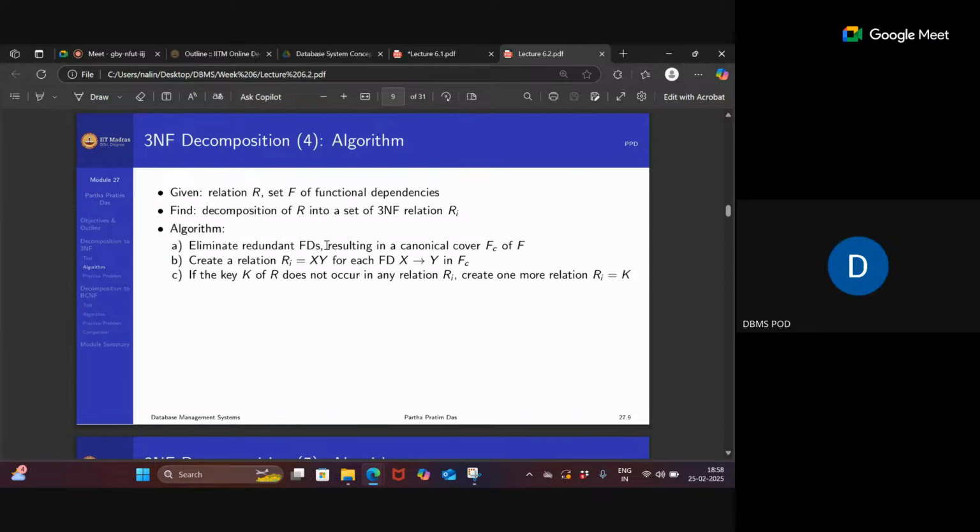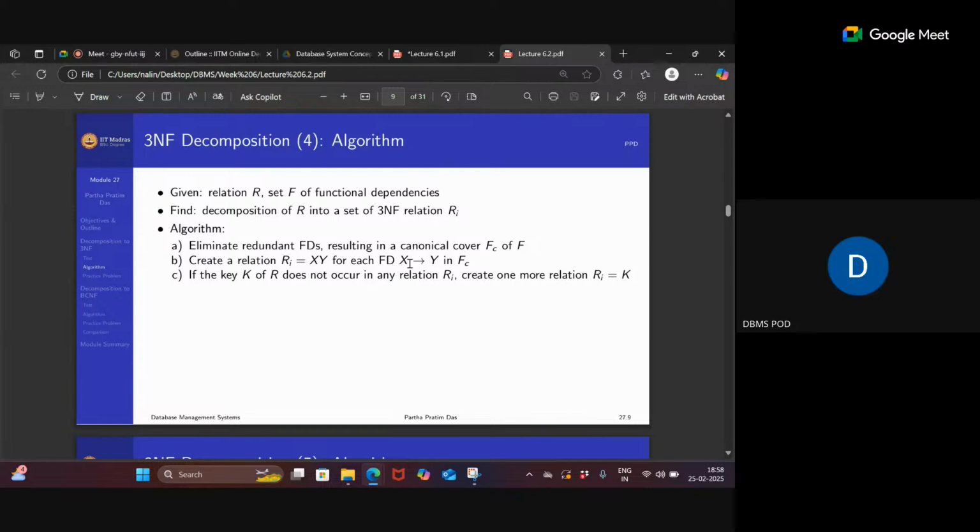Eliminate redundant FDs. First find the canonical cover, resulting in the canonical cover Fc of F. So we have to eliminate all the redundant FDs, find the canonical cover for our existing relation, and create a relation Ri equal to XY for each FD.